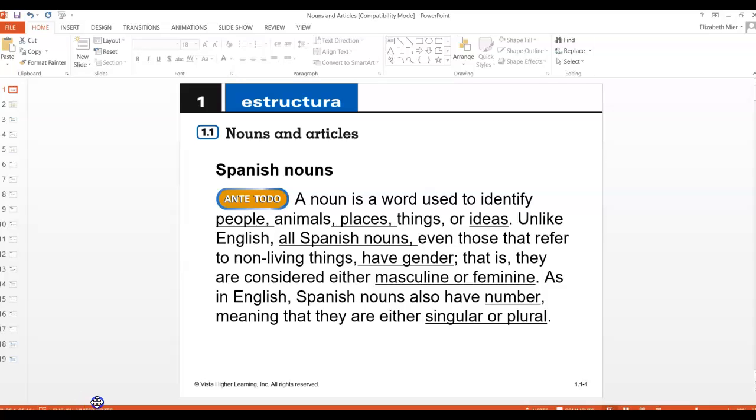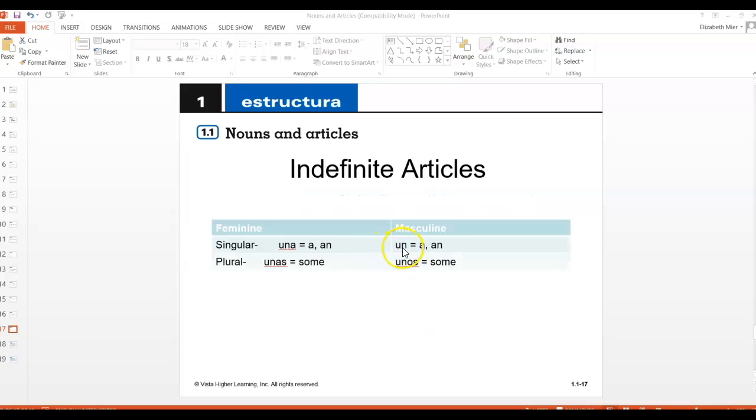Let me get through this real quick. I went over this little typo here. So your masculine form for indefinite would be un, and then your plural would be unos. And your feminine form is una and unas.